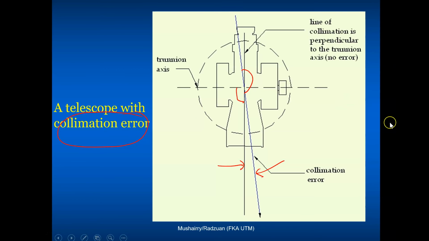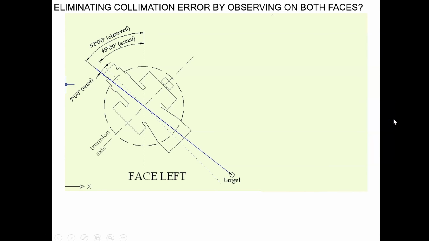The next slide shows that particular situation. That's the actual angle, 45 degrees, when the equipment was perfect, with nothing wrong with the collimation line. If I turn the telescope, when I get to the target, the equipment will read 52 degrees.